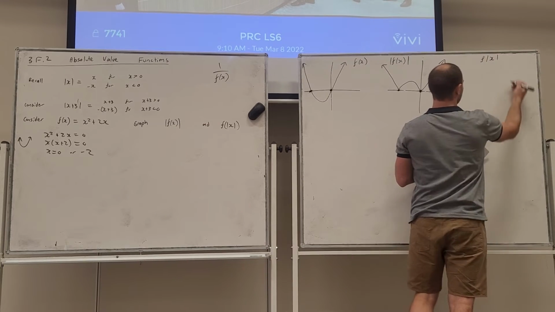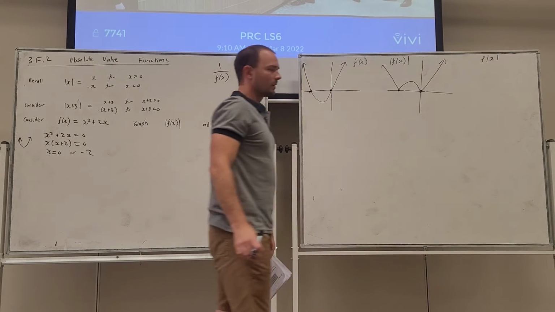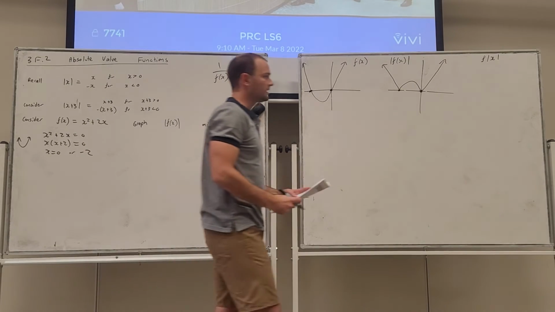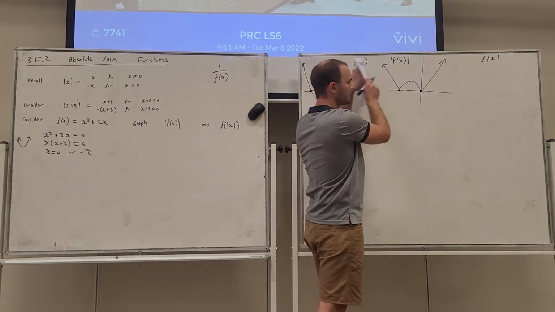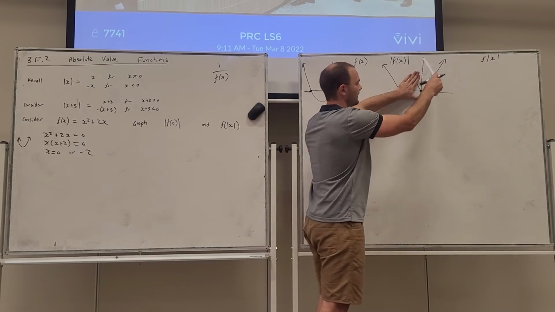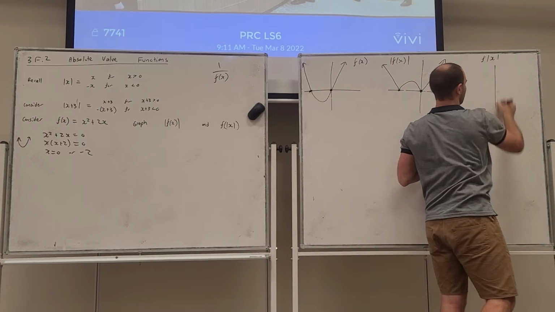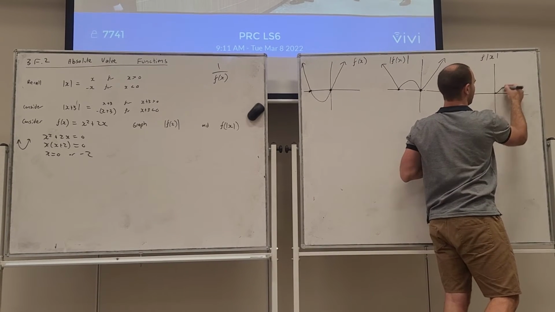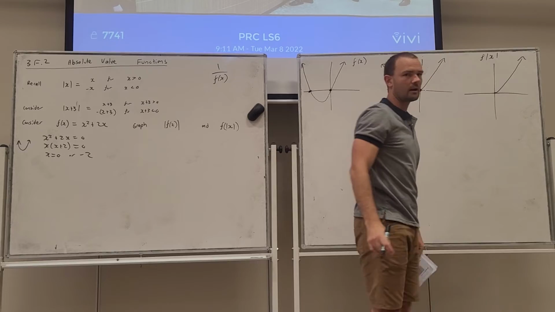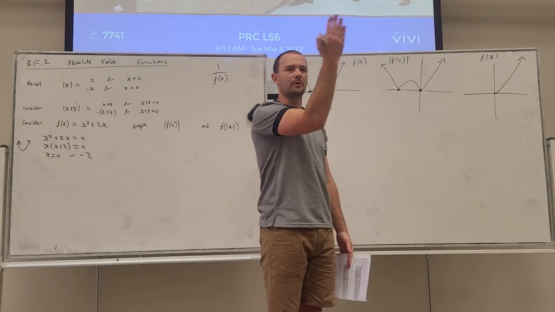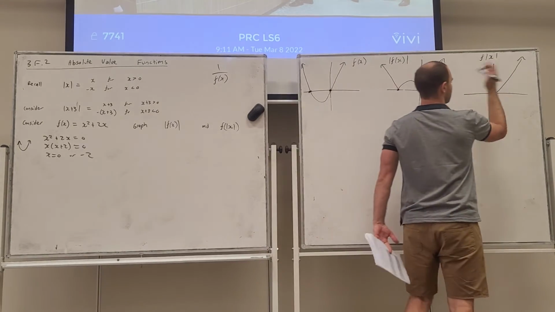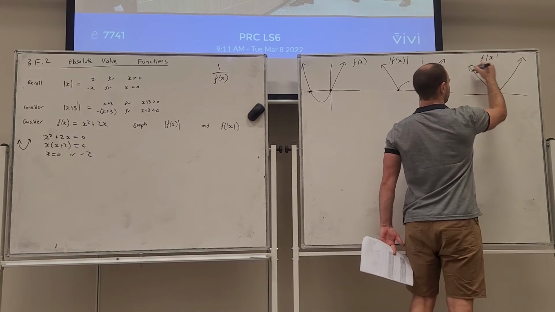Pretty similar. What we're doing here is we're just going to discard the graph for x less than 0, and we're just going to reflect that part of it. So here's the graph for x greater than 0, and that's the part that we reflect, but in the y-axis this time. So it's going like this.